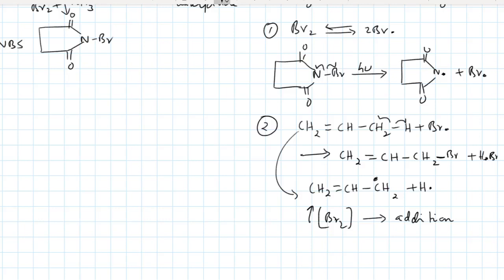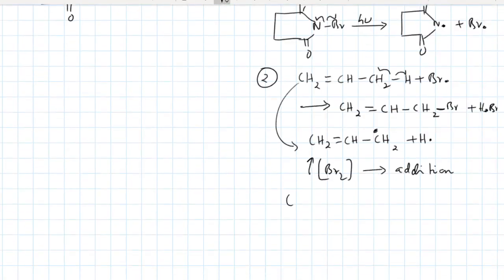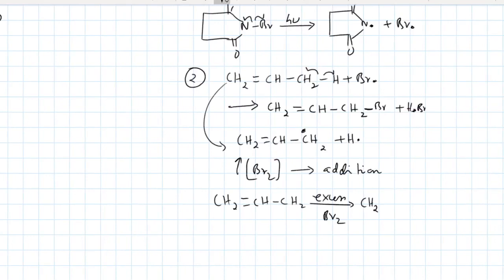Okay, so we'll just write that reaction, CH2=CH-CH3 with excess bromine. If you take excess bromine, then it will form CH2Br-CHBr-CH3. So you have a Br formed here, you have a Br formed here.